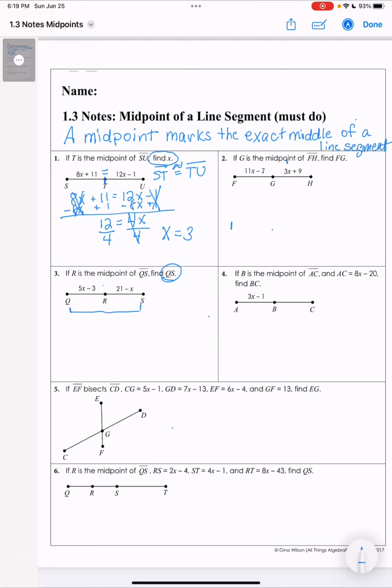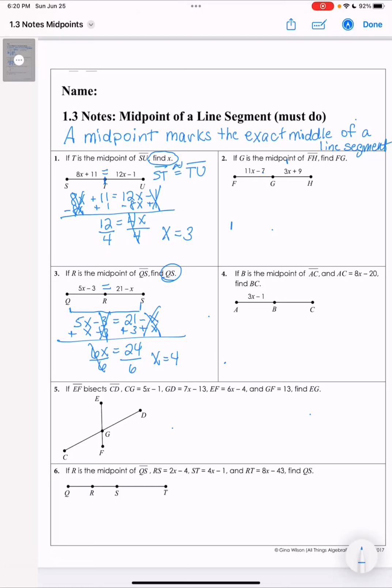So again, these two sides are equal to each other because we split the line into two equal parts. So combine like terms. I'm adding x to both sides, and I'm going to add 3 to both sides. So my x's cancel, my 3's cancel, and I end up with 6x equals 24. Then when I divide by 6, x equals 4.